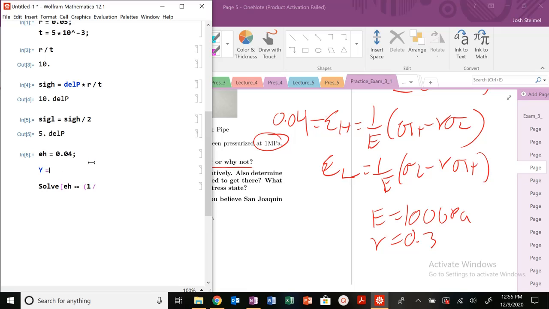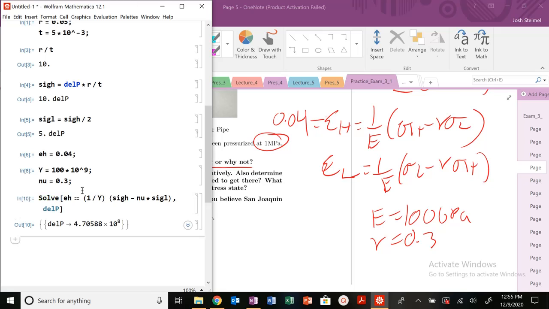So I'm going to define those right here. So Y equals 100 times 10 to the 9th. And then I'm going to also do nu is equal to 0.3. So E sub H is 1 over Y times sig H minus nu times sig L, and I'm going to solve for del P. That is my only unknown left in this problem.